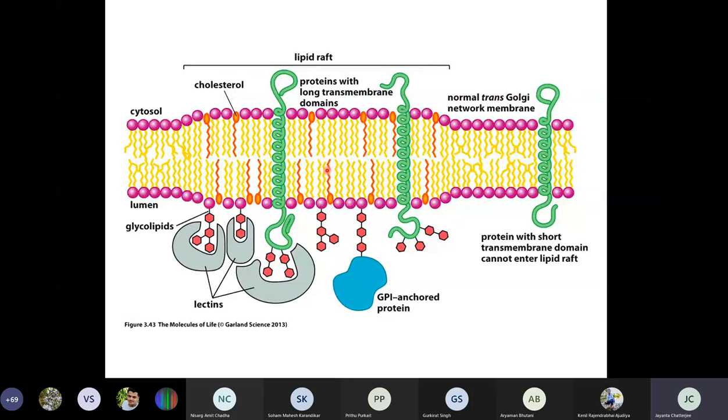You have three fused ring systems, which is extremely rigid. If you look at cholesterol sidewise, it looks like a rod. It will not move, as opposed to a free carbon tail.